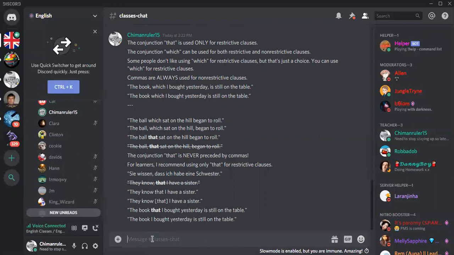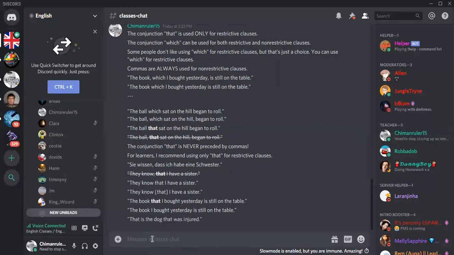But there's one thing I should point out though. That's only if the word that is not the subject of the dependent clause. So if you have a sentence like this, that is the dog that was injured.